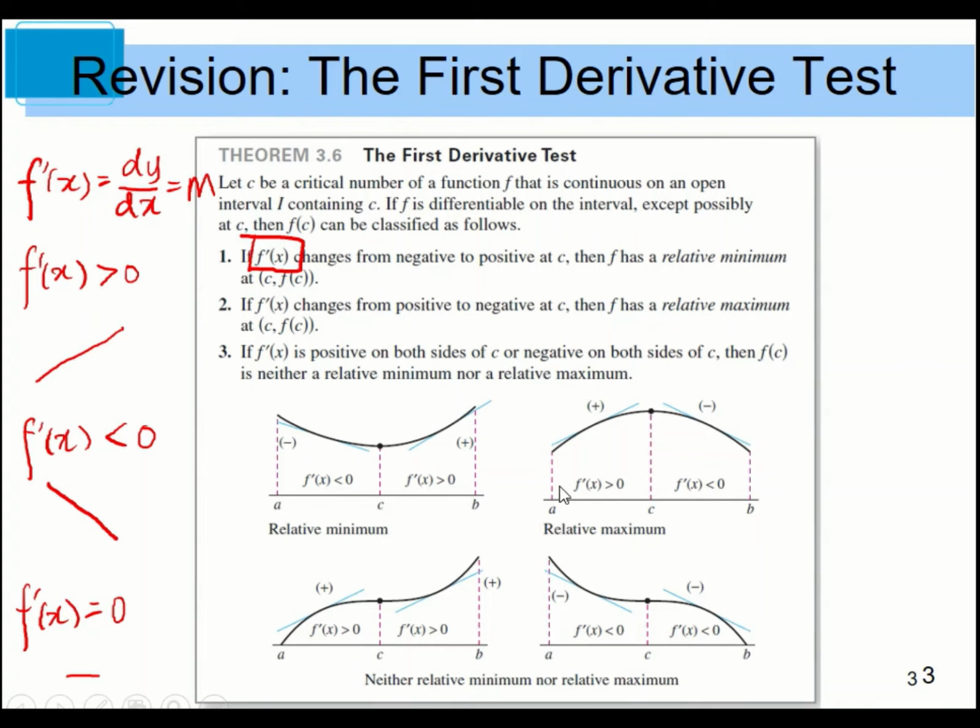On the other hand, if the first derivative changes from positive to 0, and then to negative, the curve changes from increasing to a horizontal line and then to decreasing. Therefore, this point C is a relative maximum point. This method is called the first derivative test.